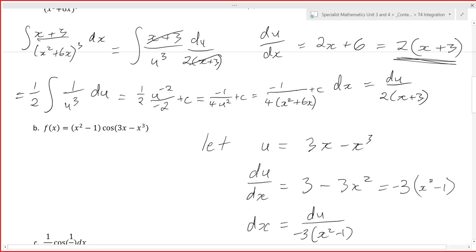Okay, and then we substitute this and this into the function and integrate. Is that okay? So this one was a little bit tricky because you had to factorize by a negative number. I'm not going to do the rest of the steps.